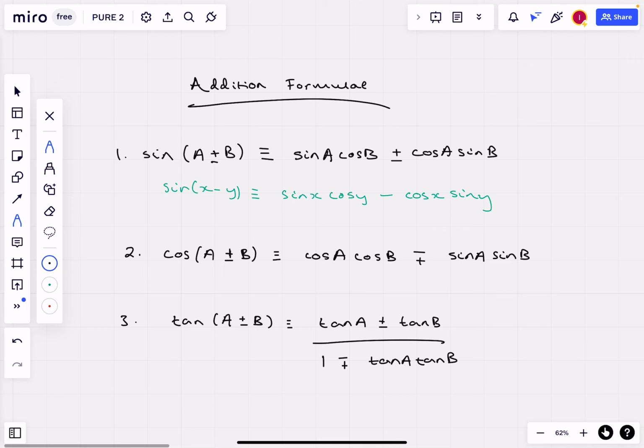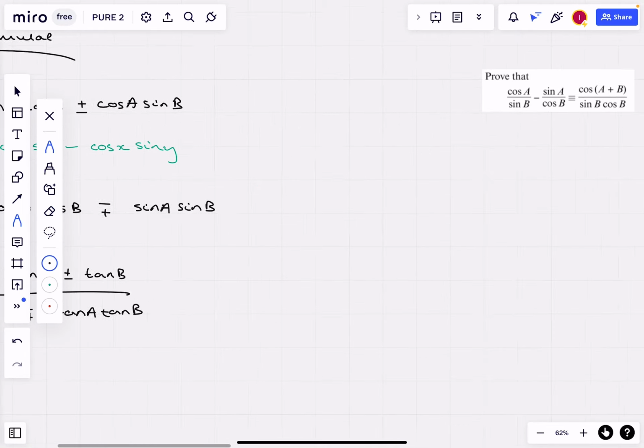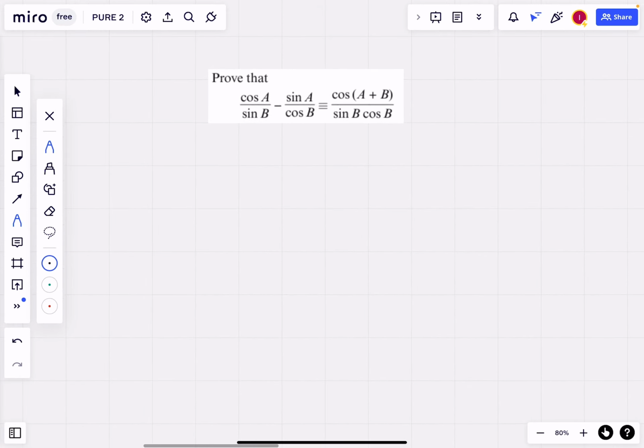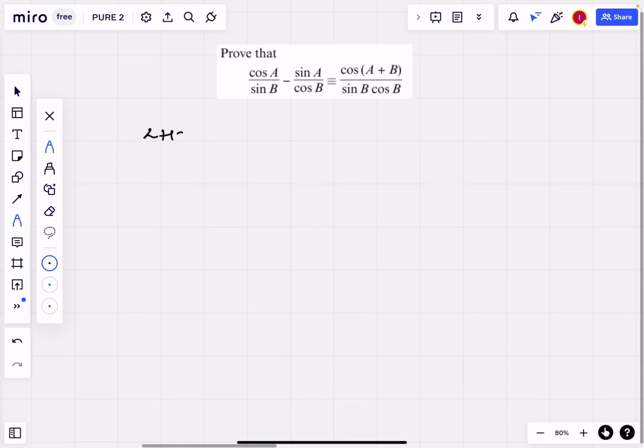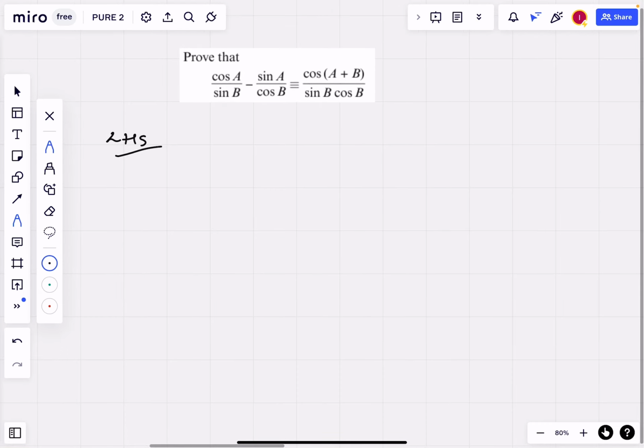Okay, so let's have a look at an example which applies the addition formula. So you've got to prove that the left-hand side equals the right-hand side. Let's start with the left and let's go to the right. The first step would be to make those 2 fractions into one large fraction, right? How would you do that?